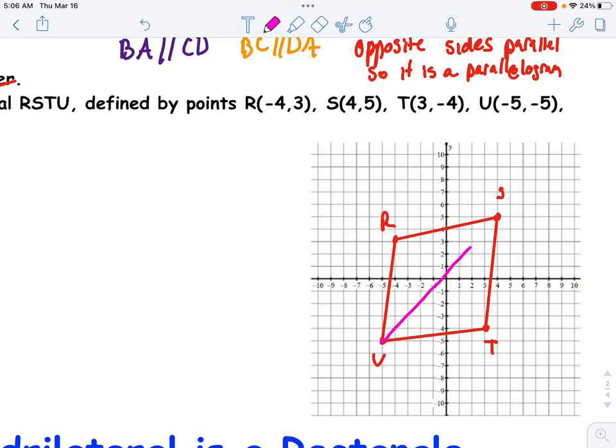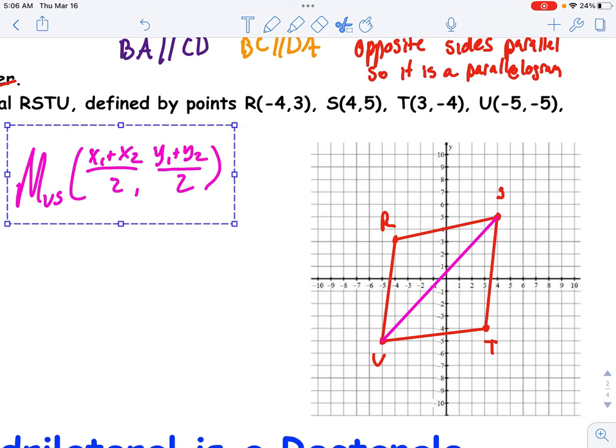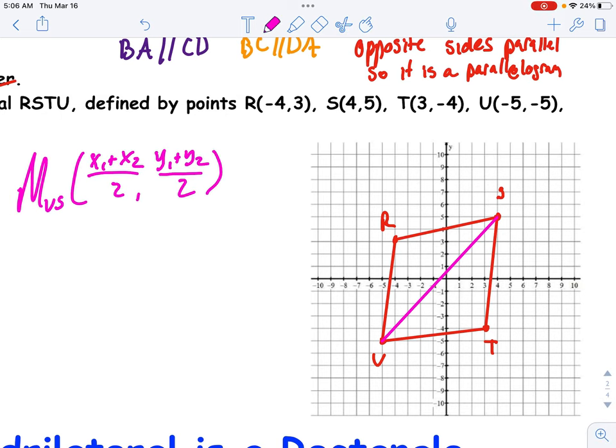Alright, we're going to say, do diagonals bisect each other? So really, let's just focus on seeing if they have the same midpoint. So we're going to focus on the midpoint of US, x1, y1, x2, y2.